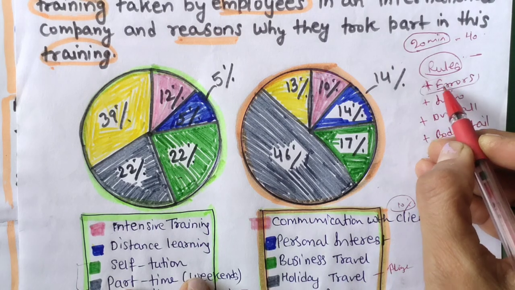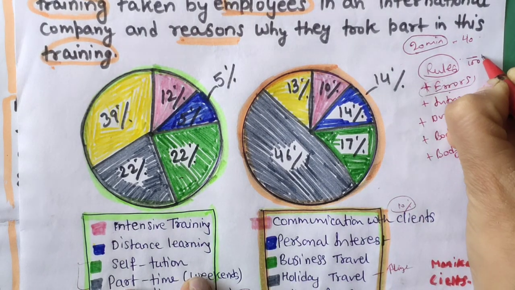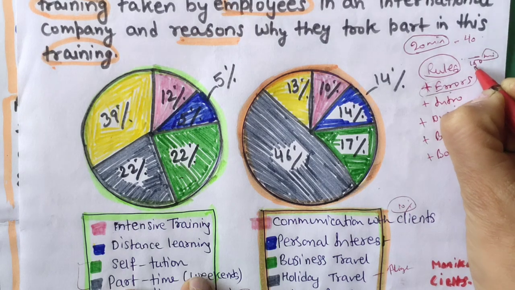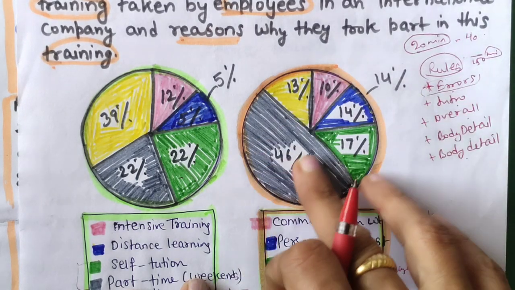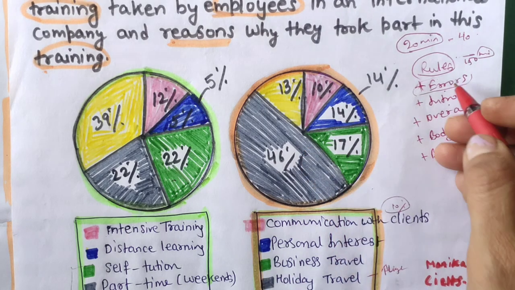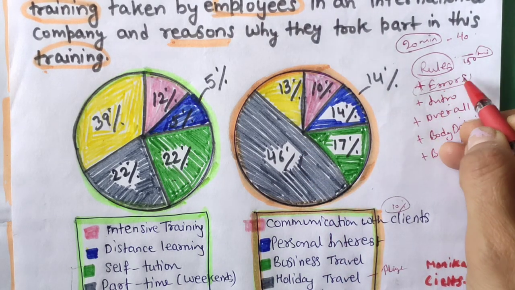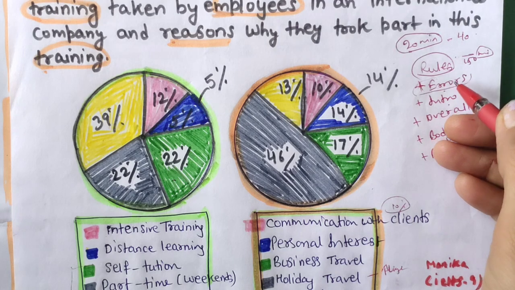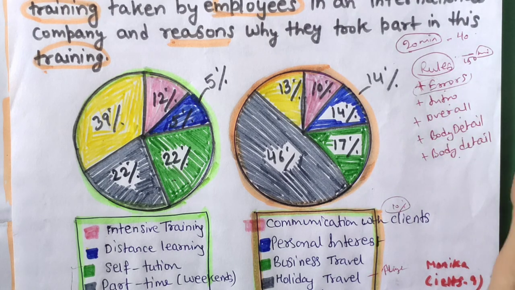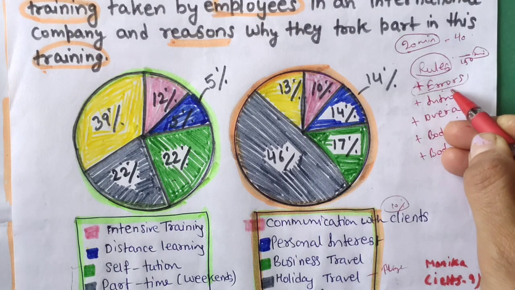Now, rules: 150 minimum words. It doesn't matter that these are pie charts. You can easily write 170 or 180 or 160 words. But in a map diagram, sometimes it is not possible to write more than 150 or 140 words. Then it doesn't matter, but write it properly without any errors.